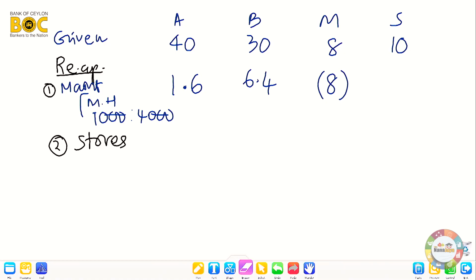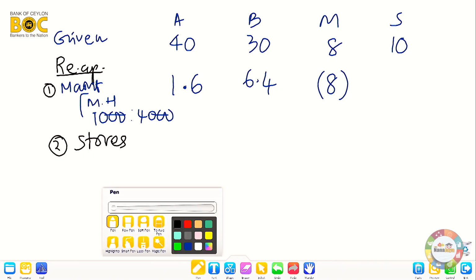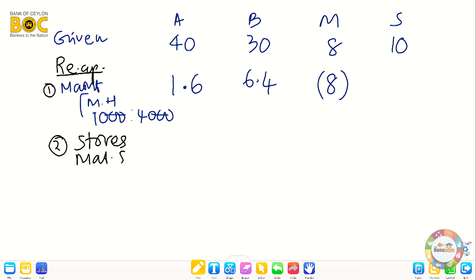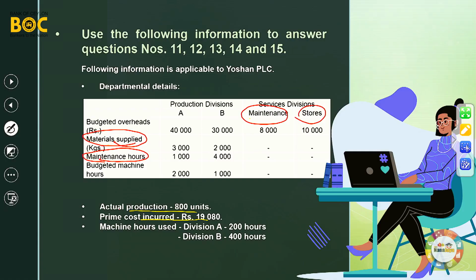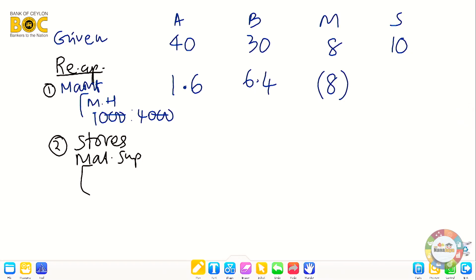The material supplied: what's the ratio? They have supplied 3000 kilograms to production department A and 2000 to production department B. The ratio is 3 to 2.